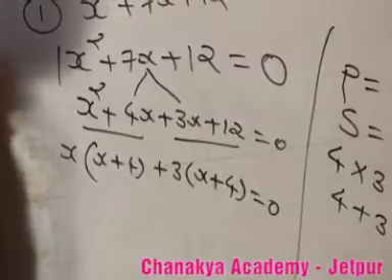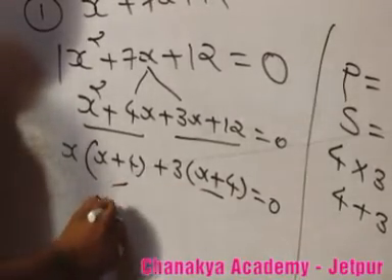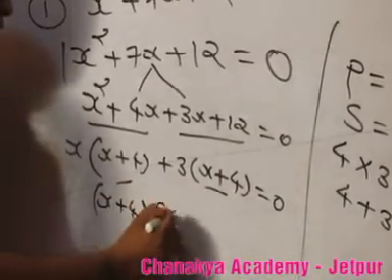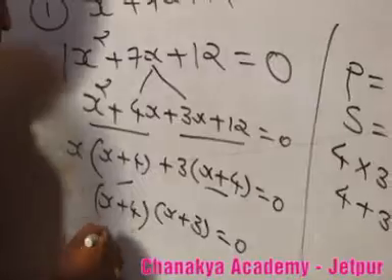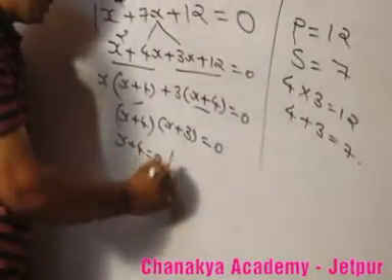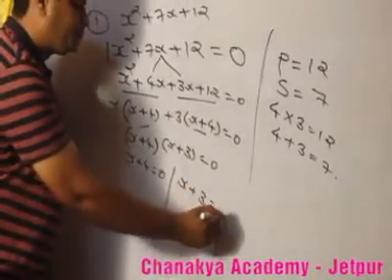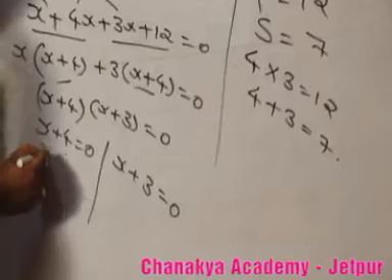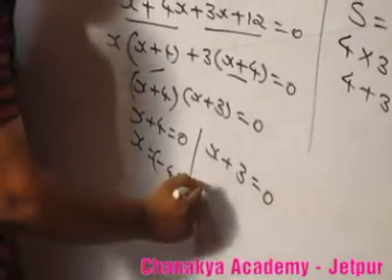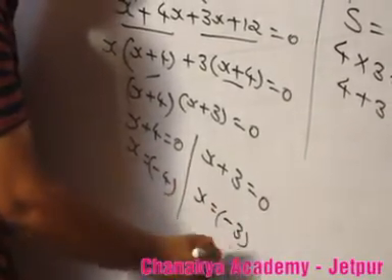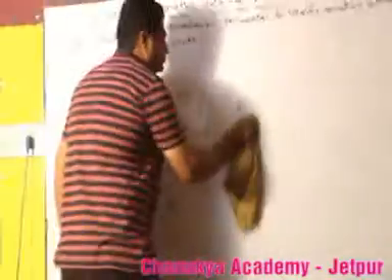Now taking common x plus 4, we get x plus 4 and x plus 3 equal to 0. x plus 4 equal to 0, x plus 3 equal to 0. Here our x equal to minus 4 and the other x equal to minus 3. Now we have obtained two values.